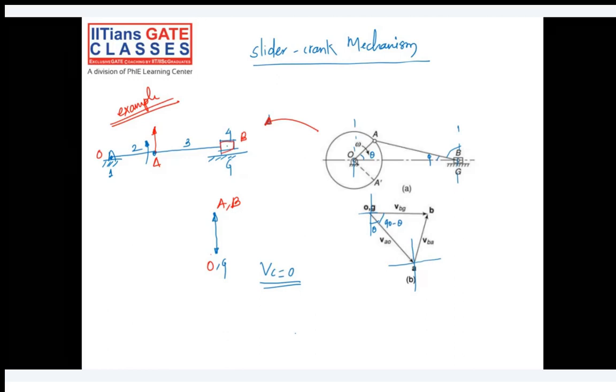And then we have the velocity of BG here, which I have drawn. Just a minute. Here the velocity of the slider will be 0.